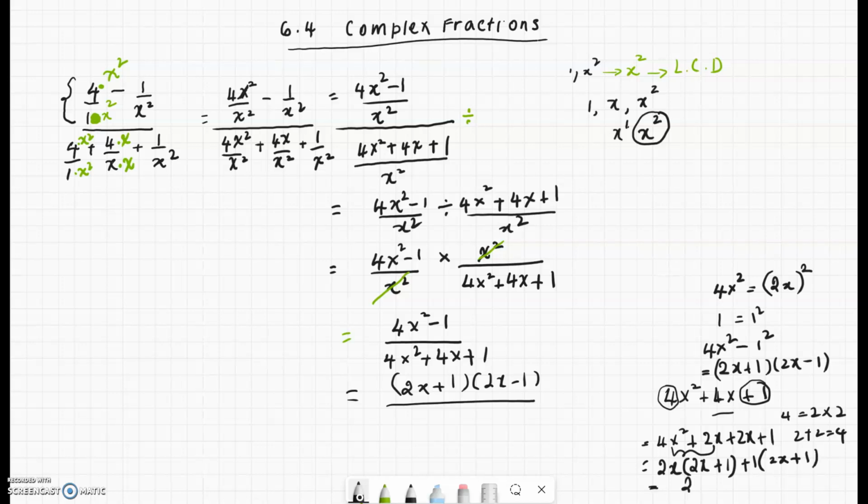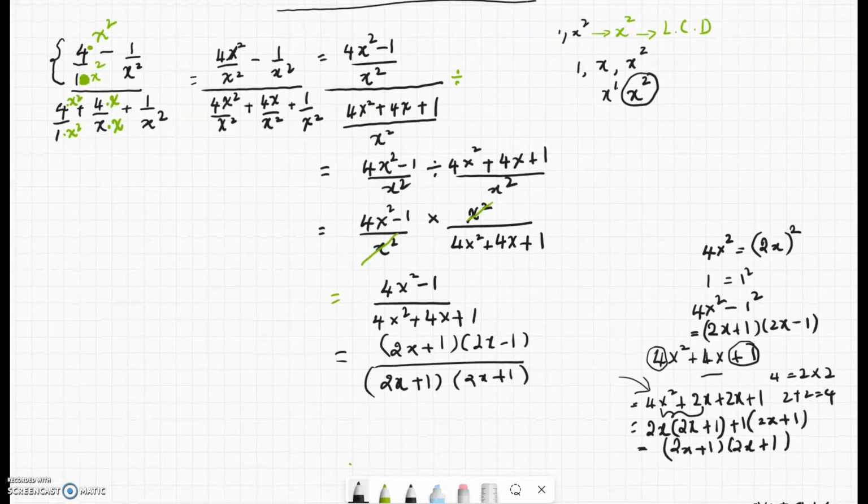So this is equal to 2x plus 1 times 2x plus 1, which is really 2x plus 1 the whole squared. Now if you had recognized that this is a perfect square, then you could have used that special product, but if you didn't, this is just another way of figuring it out.